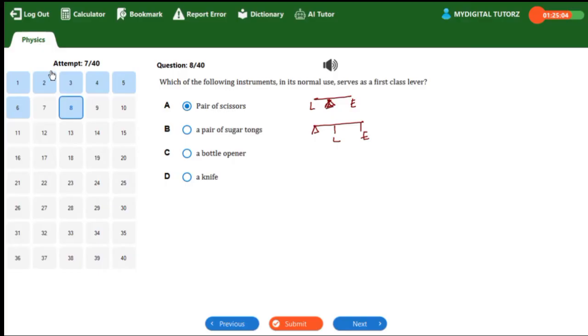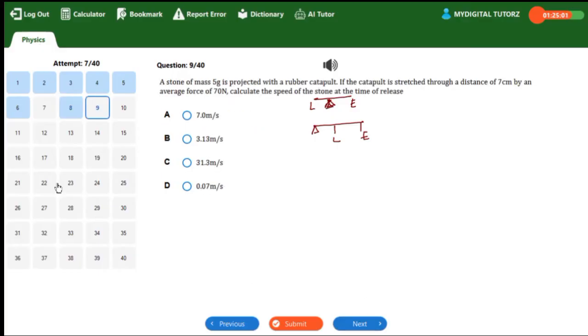So moving on to question 9. Question 9 says, a stone of mass 5 gram is projected with a rubber catapult. If the catapult is stretched through a distance of 7 centimeters by an average force of 70 Newton, calculate the speed of the stone at the time of release.